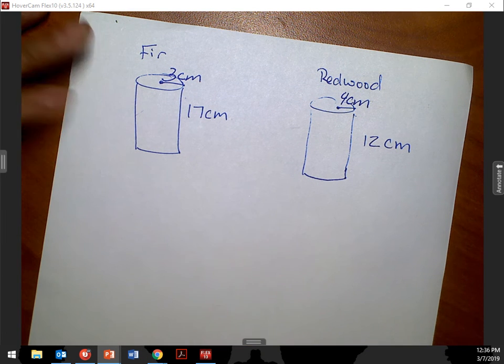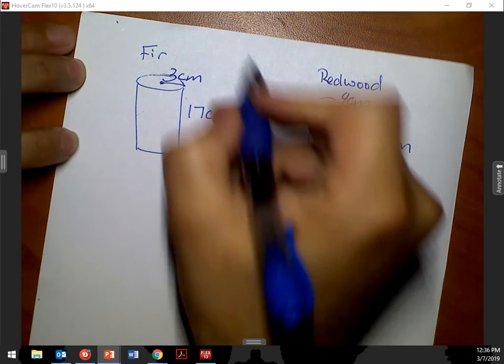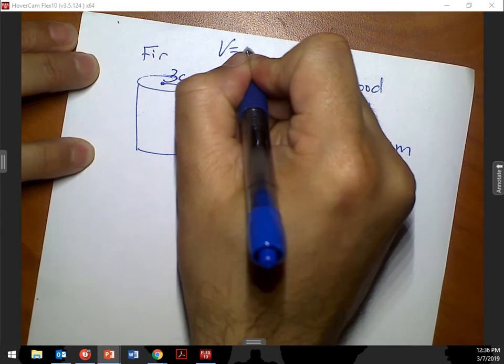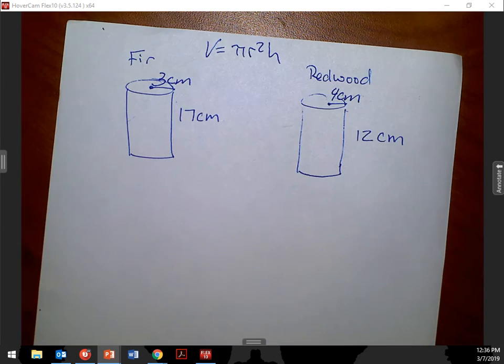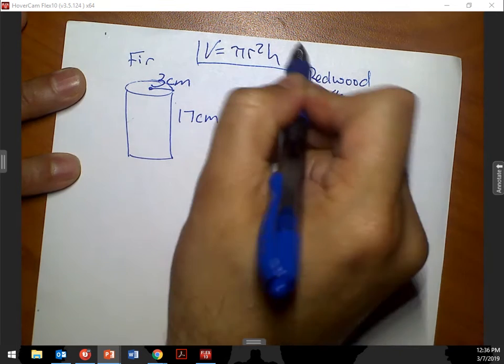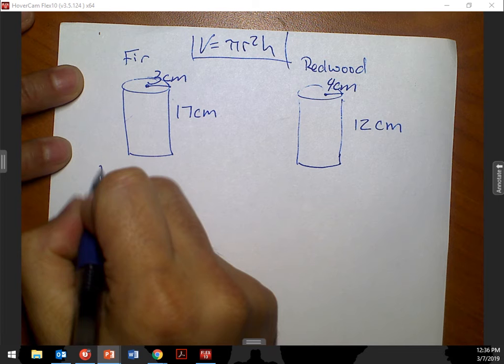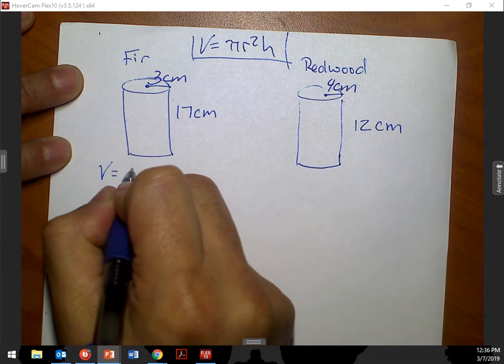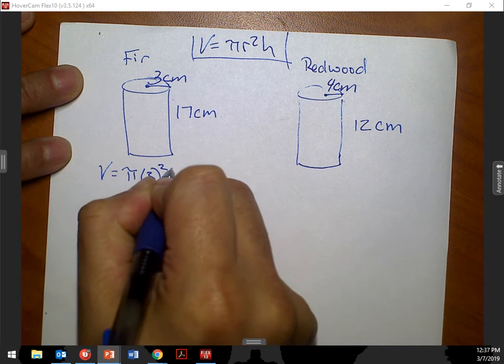So if this shape is a cylinder, how do I find the volume? Pi times radius squared times height. There you go. Volume is equal to pi r squared h. So that's going to put right there. Now let's go ahead and do that. So that's going to be, volume here is going to be pi times 3 squared times 17.